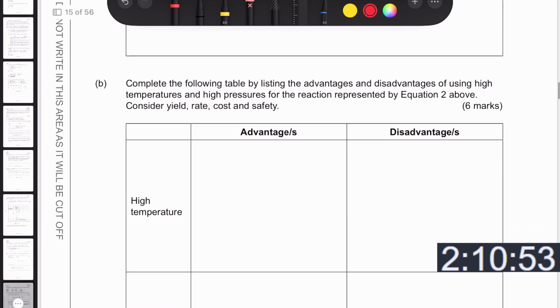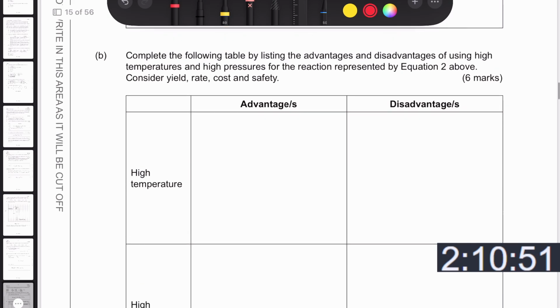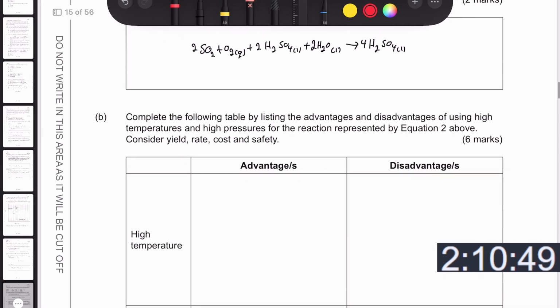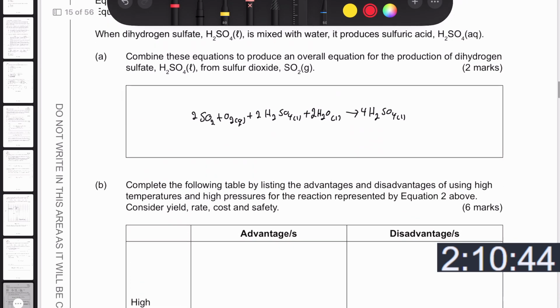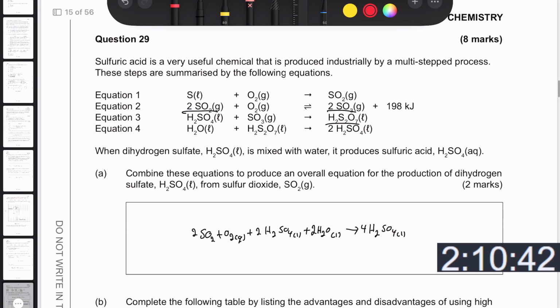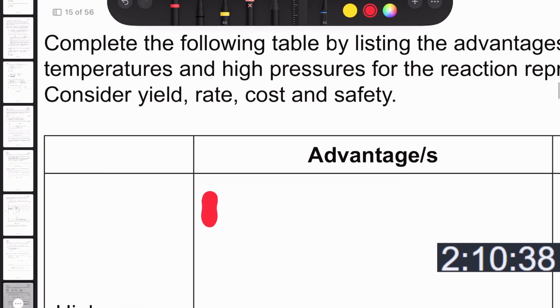Complete the table for the advantages, disadvantages of using high temperatures and high pressures for the reaction represented by equation 2 above. Consider yield, rate, cost, and safety. High temperature. If we use a high temperature, then reaction rate increases.